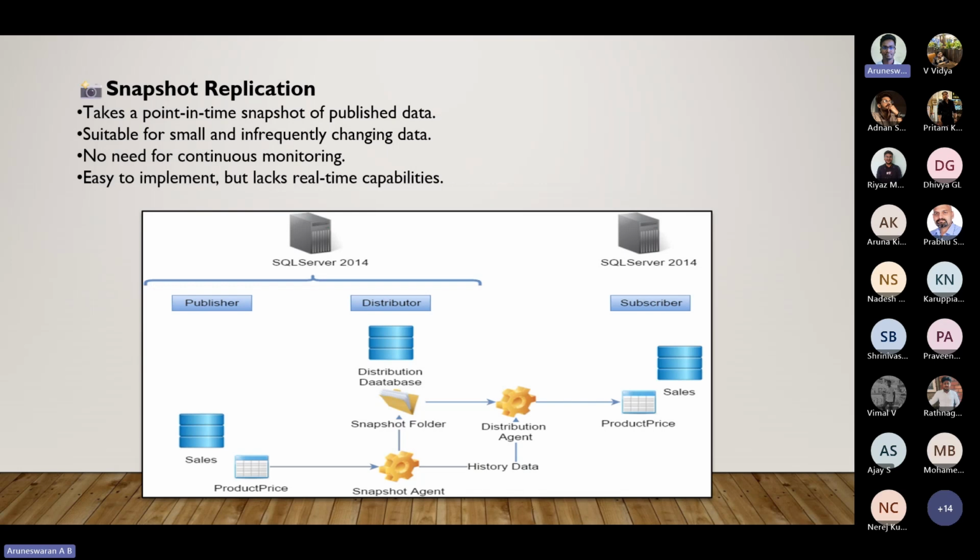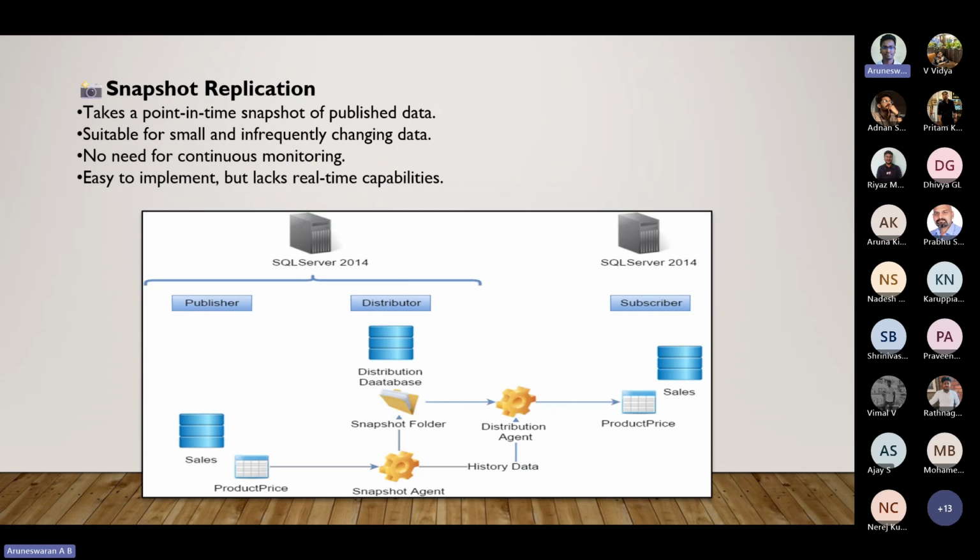For example, in our database we have a currencies table with Indian currency amount, USA, Euro, dinar, like that. Every day the currency changes within 24 hours only, right? So during that time, we can go for this replication, syncing the data only one time from publisher to subscriber. That kind of scenario, we can go for snapshot replication.